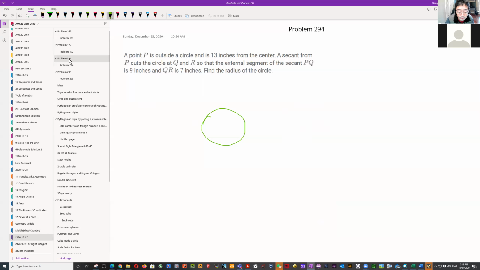So you can draw a circle, that's O, and that's P, and say P is 13 inches. So PO is 13, and a secant from P cuts the circle at Q and R, so that the external segment of secant PQ is 9 inches and QR, inside, is 7. Find the radius of this.